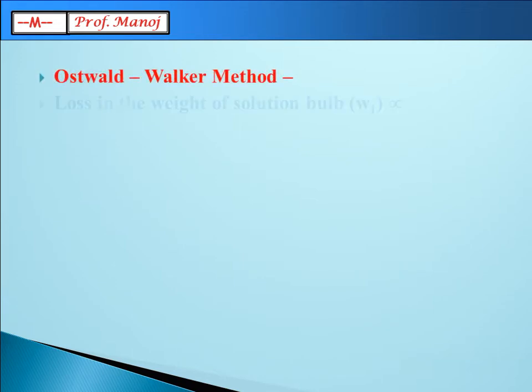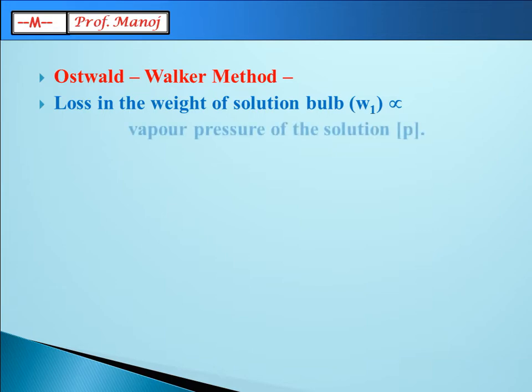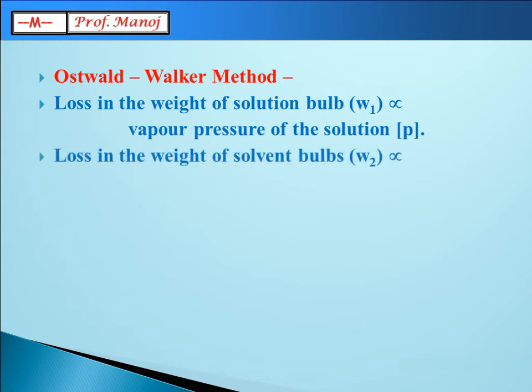Mathematically, they derived some equations. First, loss in the weight of the solution bulb is proportional to the vapor pressure of the solution. Naturally, the solution has its own vapor pressure and the loss will be related to it. The second is the solvent bulb.